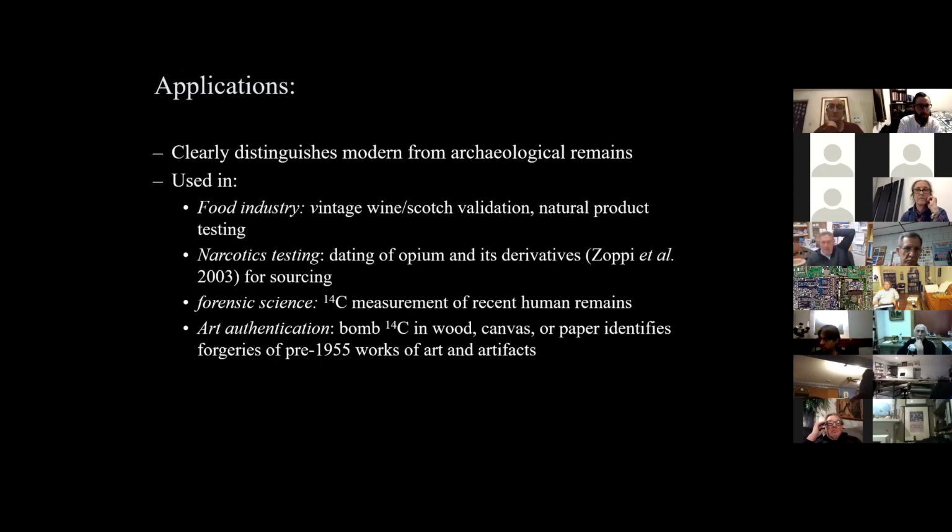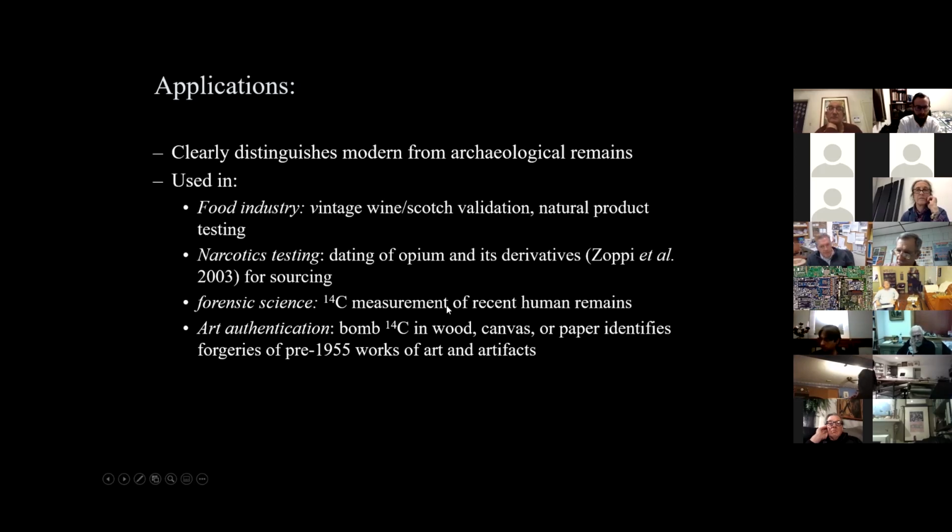So that's a really important tool because it clearly distinguishes post-1955 modern from natural levels of C14. And we use that bomb carbon marker in all sorts of ways. It's used in the food industry, narcotics testing.